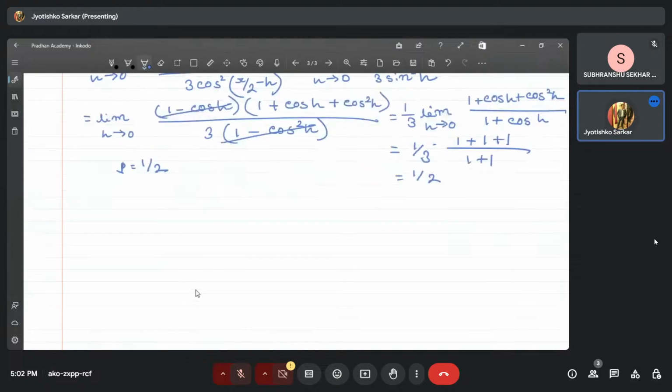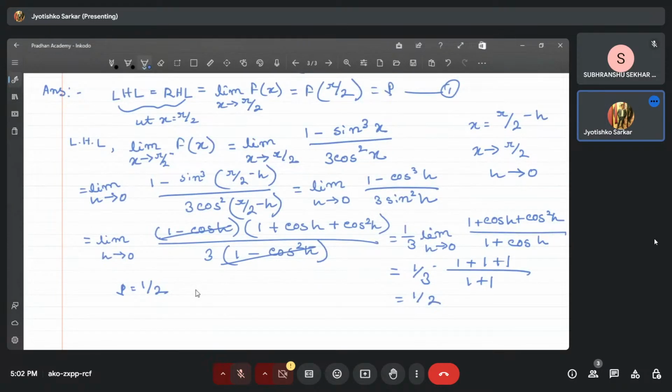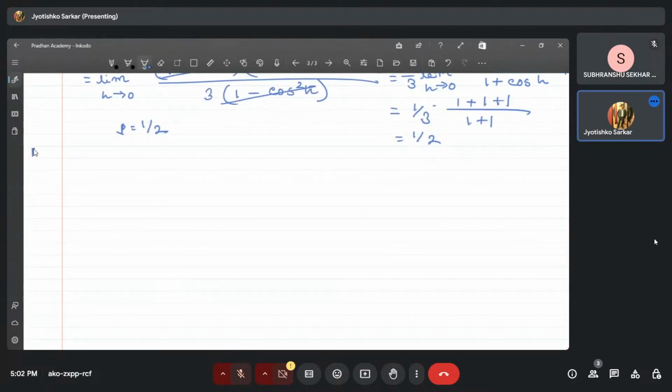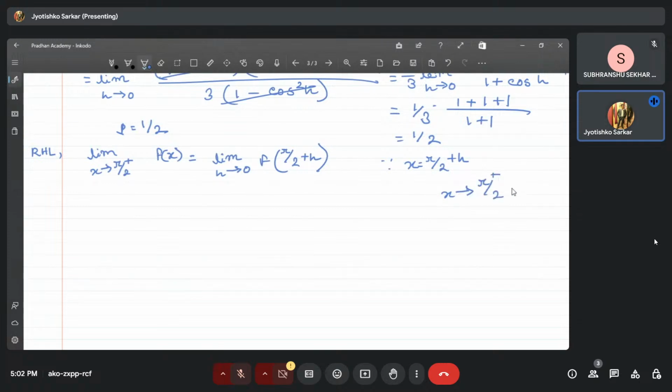Now we will calculate the RHL. For RHL, now putting the values. What is the function?